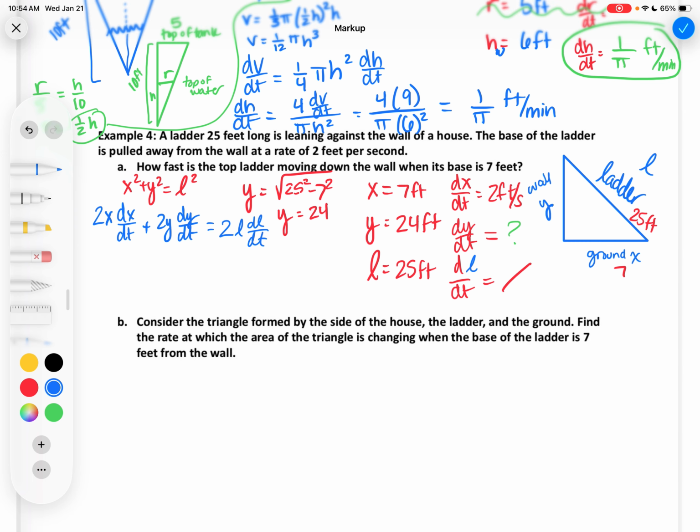Essentially, I can either say dL/dt is 0 because it's not changing, so it's changing at 0 feet per second. Or up here in this formula, instead of writing L squared, I can go ahead and write 25 squared, meaning that whole piece is going to go away when I take the derivative. So one way or the other, this is going to end up going to 0 over here. It's just a factor of when you want to do it.